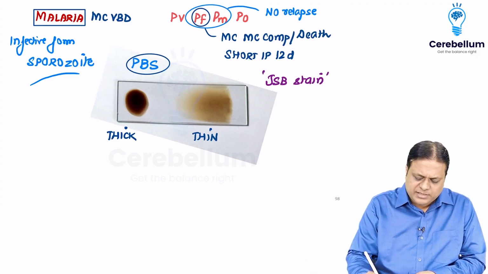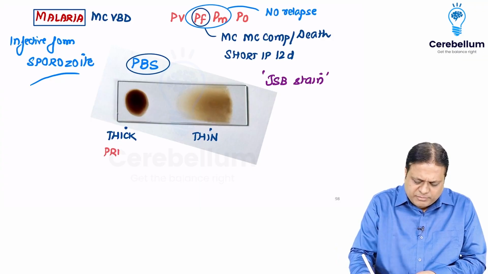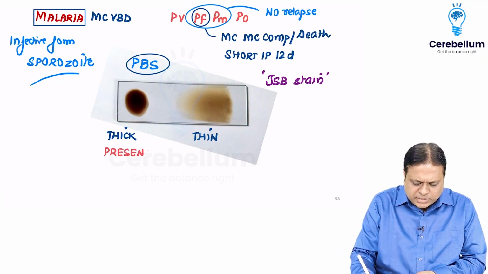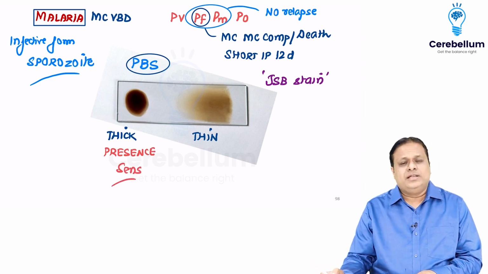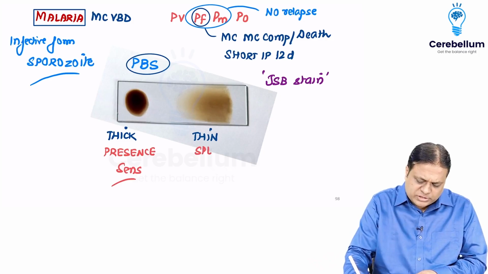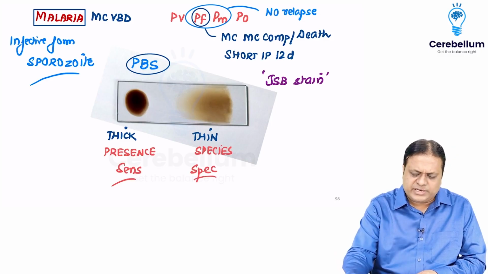Thick smear is for confirming the presence of Plasmodium or malaria. So it is a sensitive test. Thin smear tells you species also. So this provides specificity to the test.